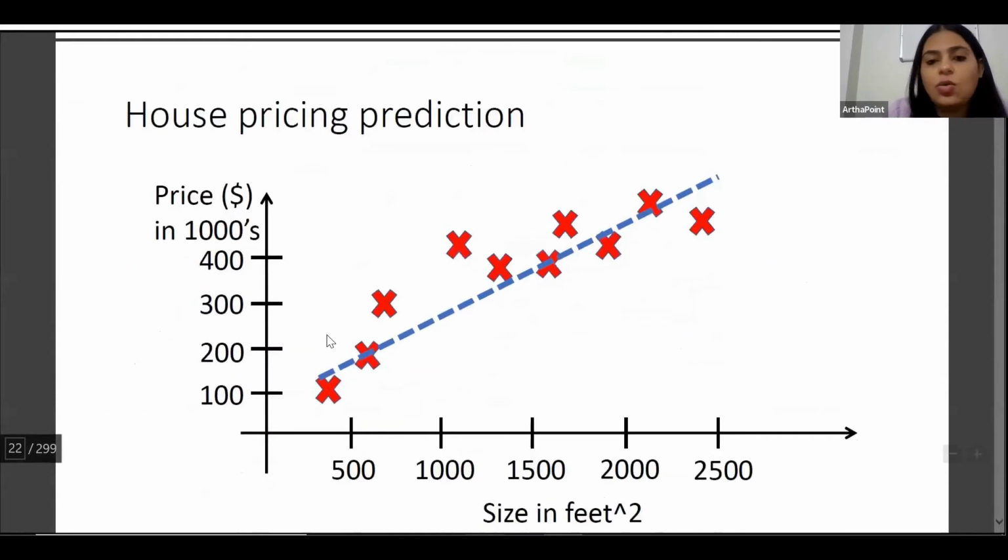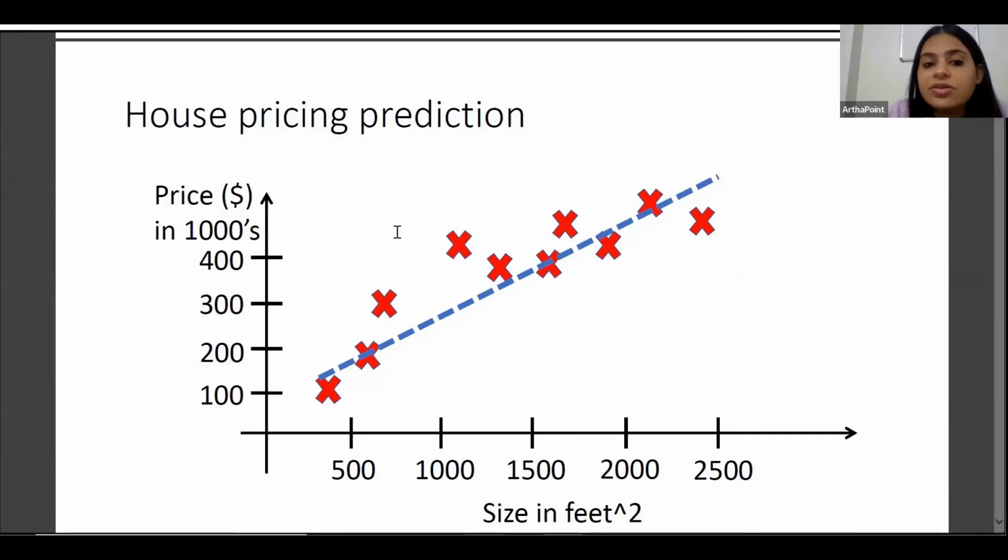So consider what I will get here. Suppose on the x-axis, I have the size of the house, and on the y-axis, I have the price of the house. What do I observe? I observe that as the size of the house increases, the price of the house also increases. All these red points that you see are the real points. They are the actual points.